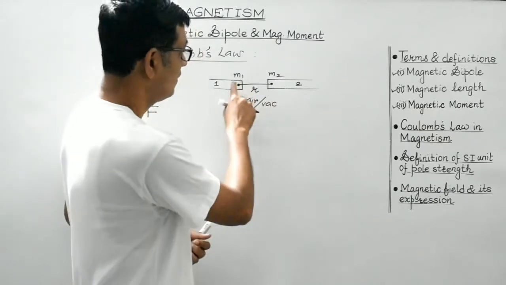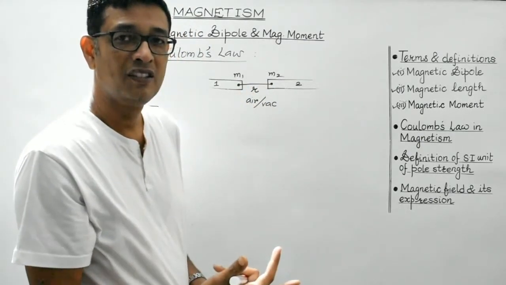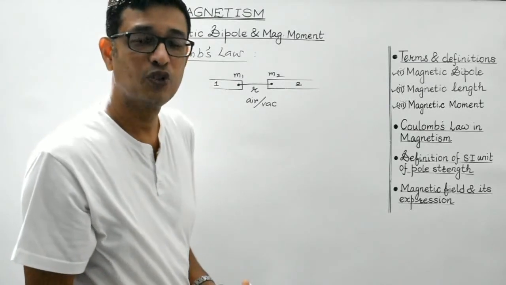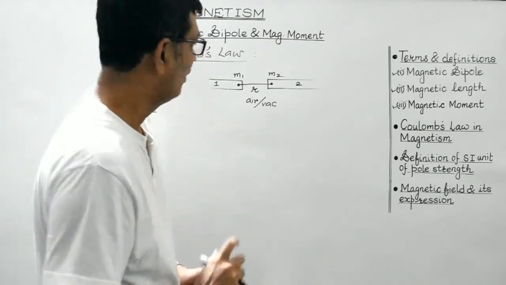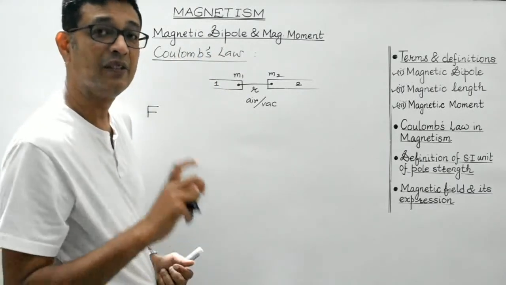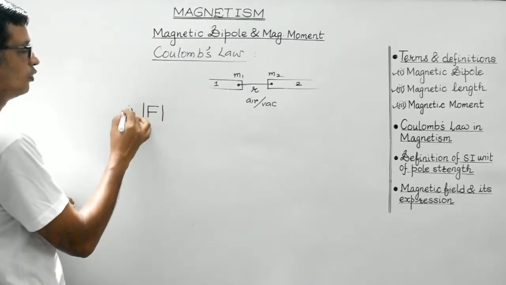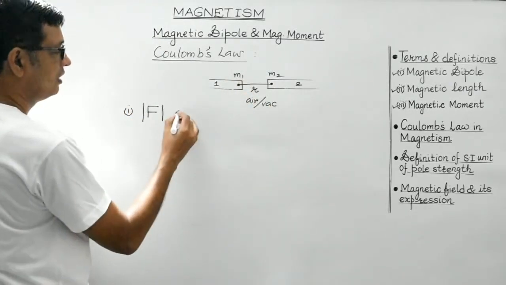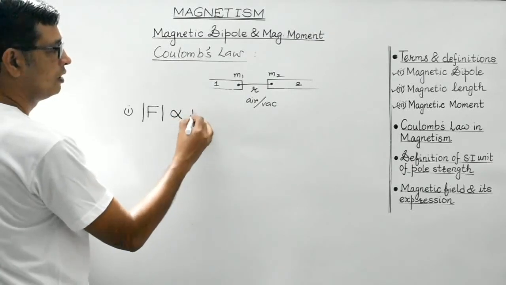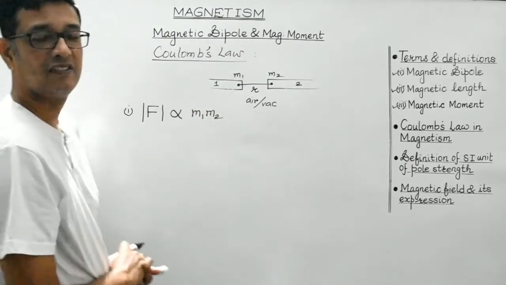And in case the poles are different, one is north and the other is south pole, then the nature of the magnetic force will be attractive. So, Coulomb's law states that the magnitude of the magnetic force between the 2 poles is directly proportional to the product of the magnitudes of the pole strengths.